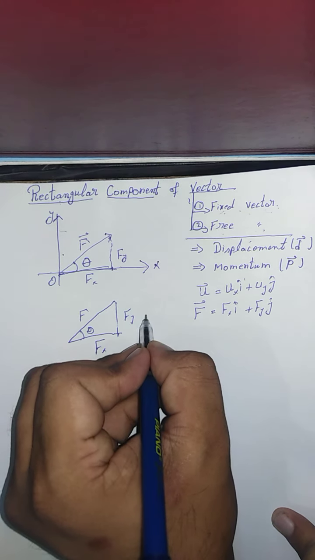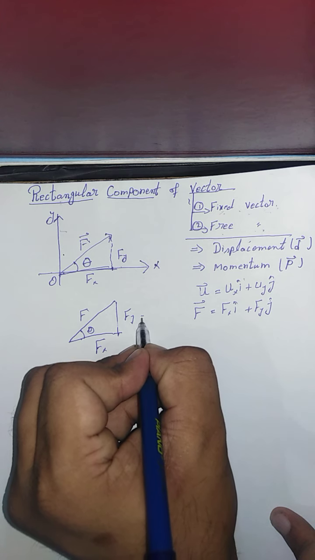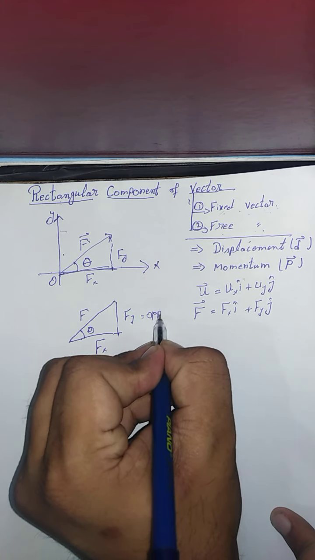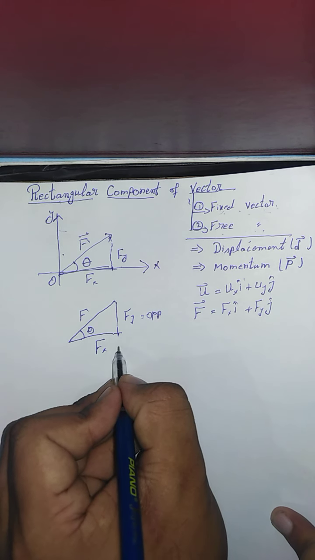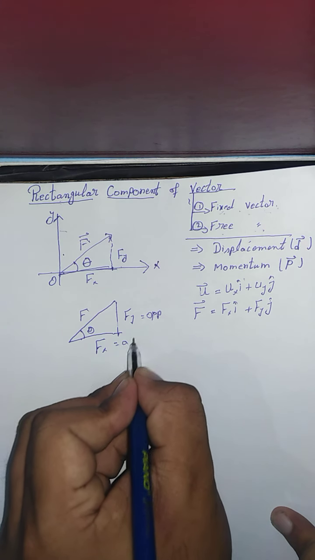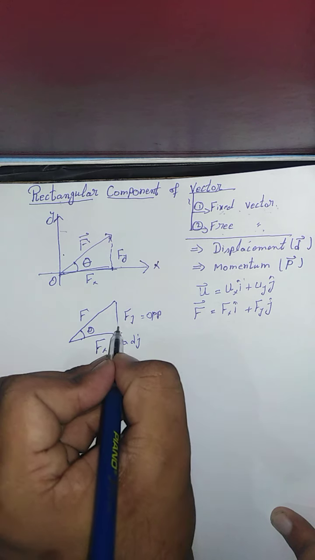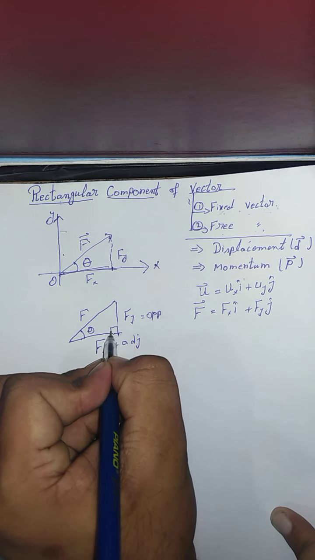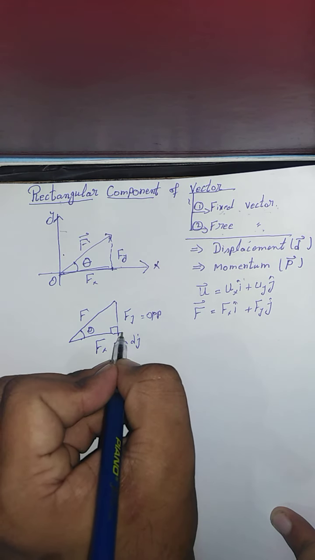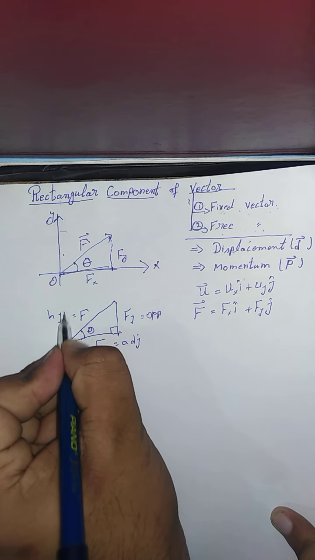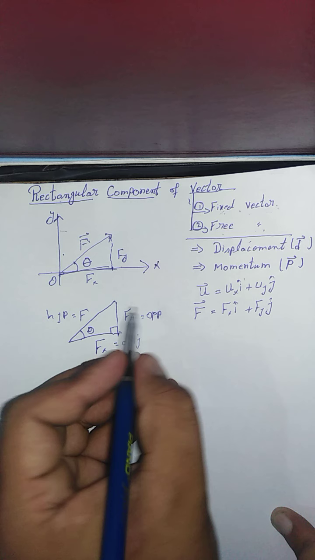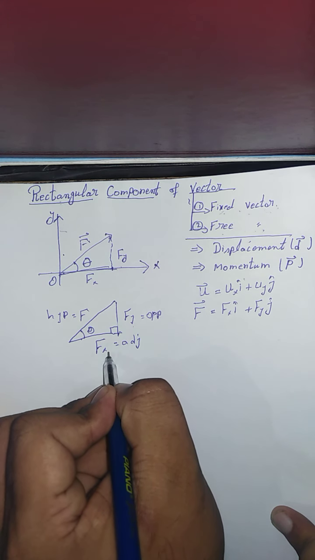The opposite side of theta is known as opposite because this is the basic trigonometry. The side along the theta is known as adjacent, and the side opposite to the right angle is known as the hypotenuse. We want to find the values of Fy and Fx.